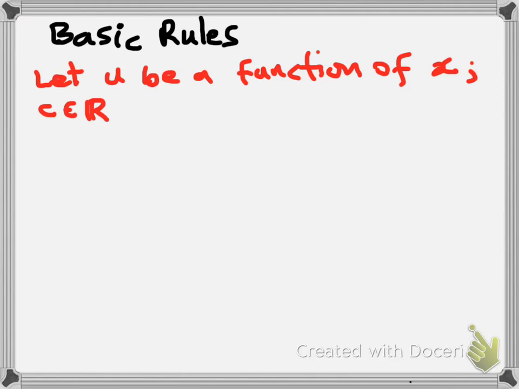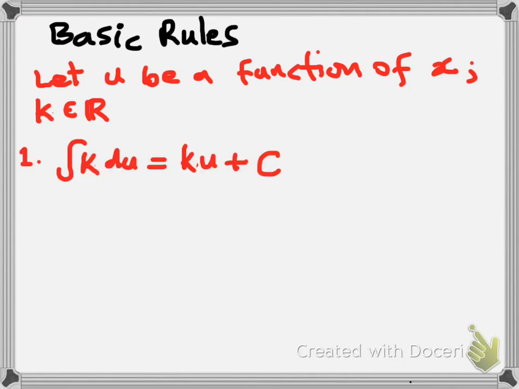Some of the basic rules that we'll use for antiderivatives are as follows. We are going to assume that we have a function u, which is a function of x, and you have a constant c, which is a real number. The first rule is that if you take the antiderivative of a constant k times u, where u is a function of x, it will always be k times the antiderivative of u, plus, of course, the constant c, the constant of integration.